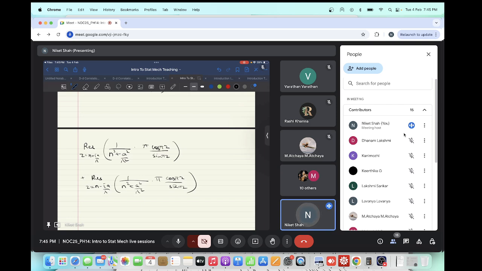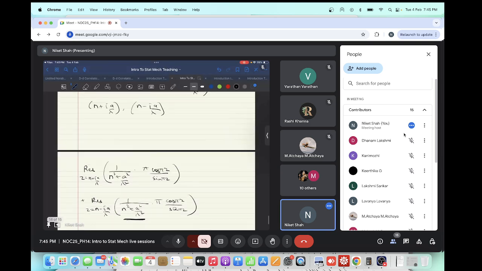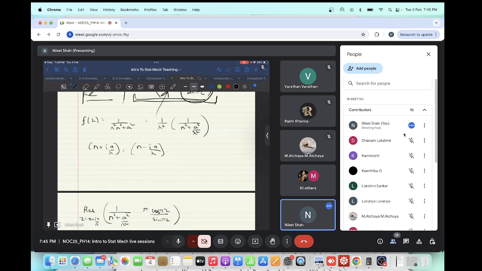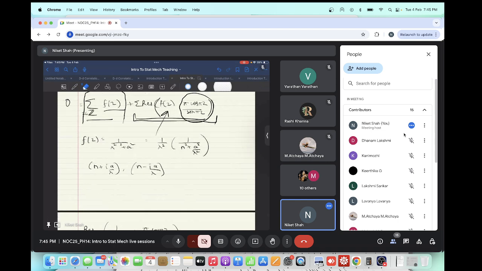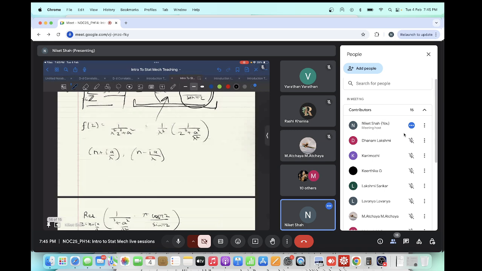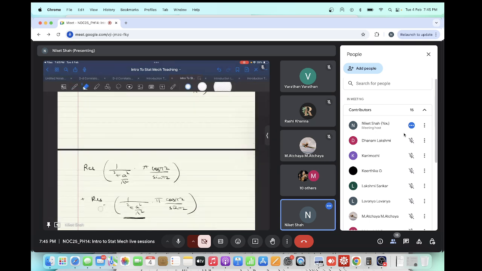So here to evaluate the residue, actually n is z. My bad, sorry.